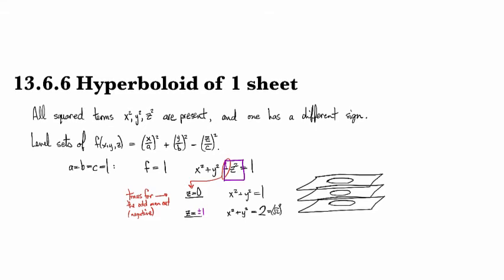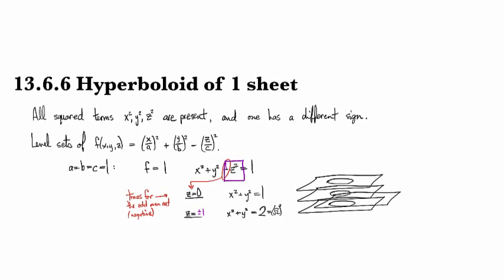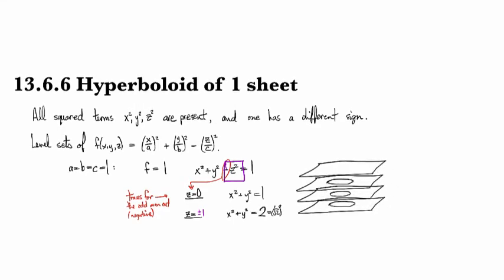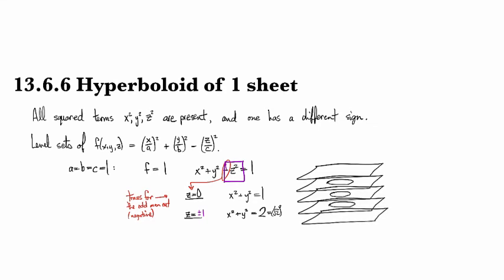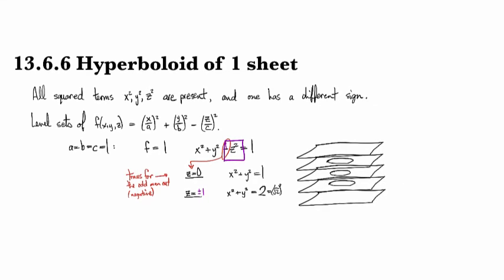And then we can look at what's going on further up and further down as well. So if I go up to 2 and down to minus 2, then we figure out what's going on in those slices by x squared plus y squared. And so then I've got a 4 that I shift to the other side, and shifting the 4 to the other side gives me 5.